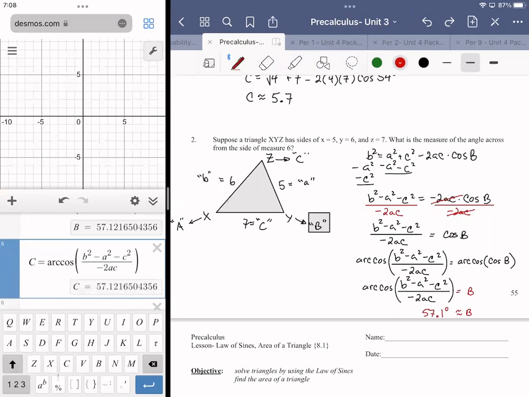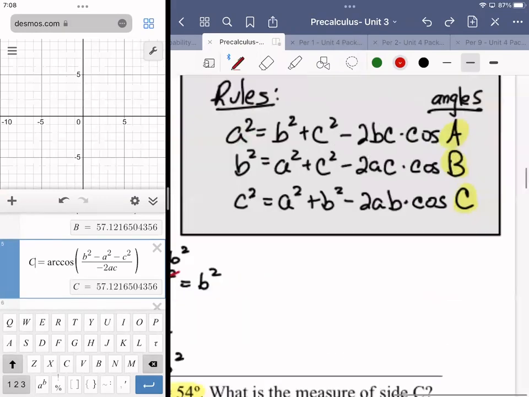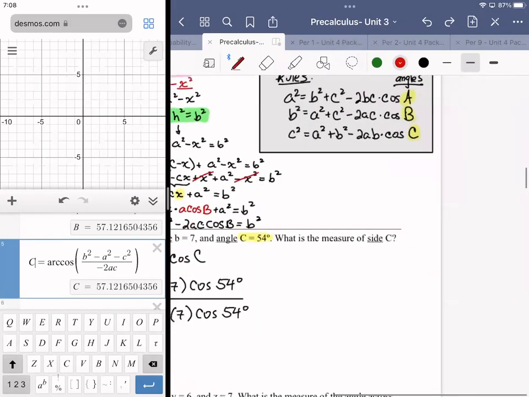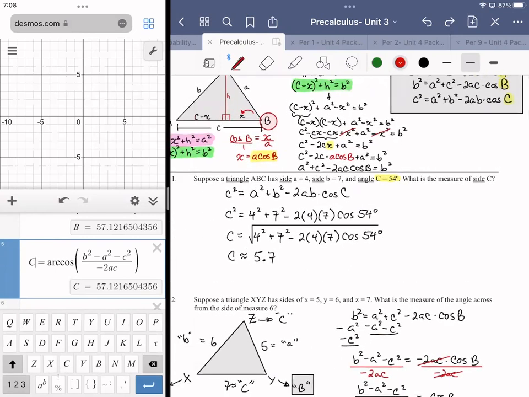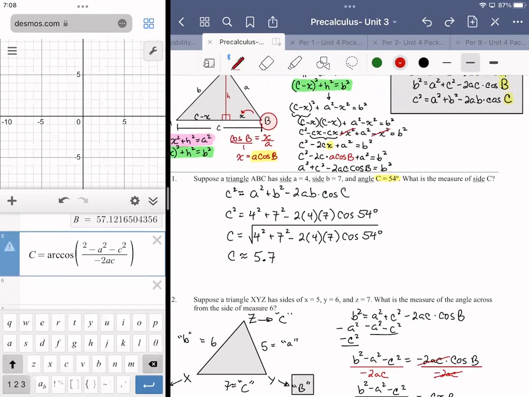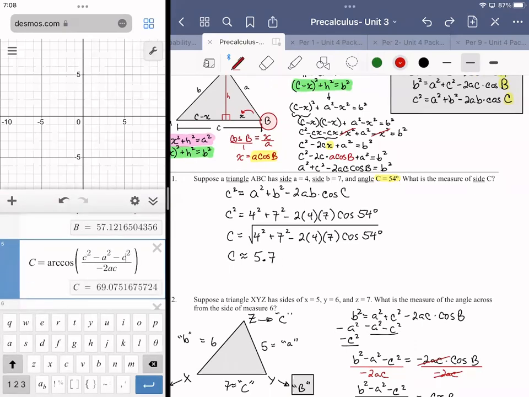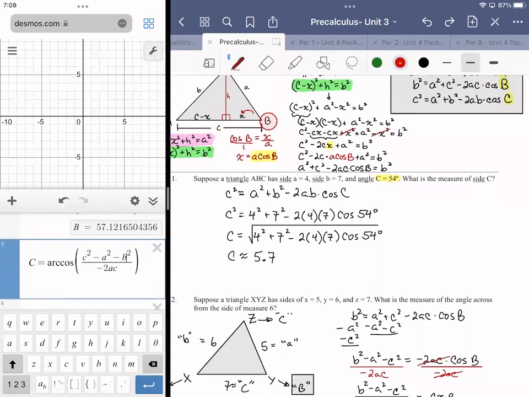So if I want to find angle C, it's working with this formula, but if you look at it, it's going to have the same general structure, except it's going to be C squared first. So C squared minus A squared minus B squared over 2AB.